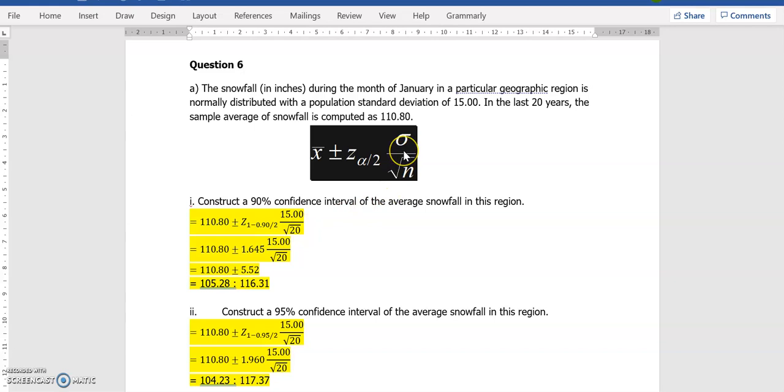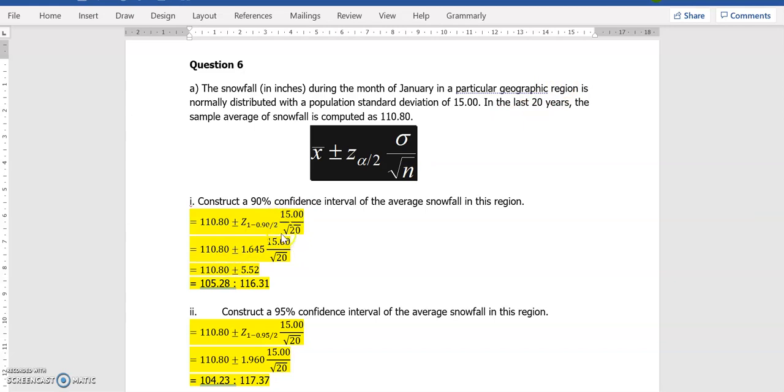And the second component in the margin of error, as I mentioned before, is the standard error. So standard error is the product of division between population standard deviation 15 and the square root of sample size, in this case 20 years.